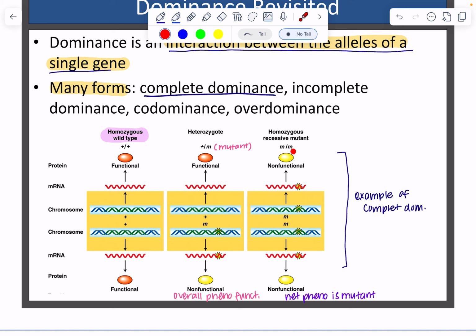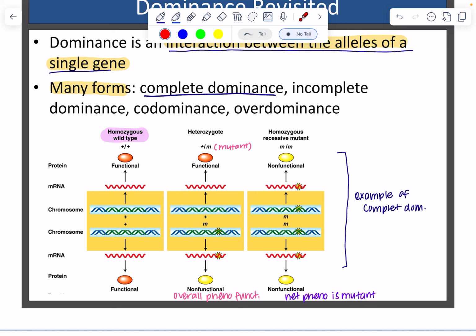And this is, again, complete dominance. Then if you get two mutant alleles, that means you don't get a functioning protein. There's nothing to overcome the non-functional ones like there was in the previous example, so you get a non-functioning phenotype.